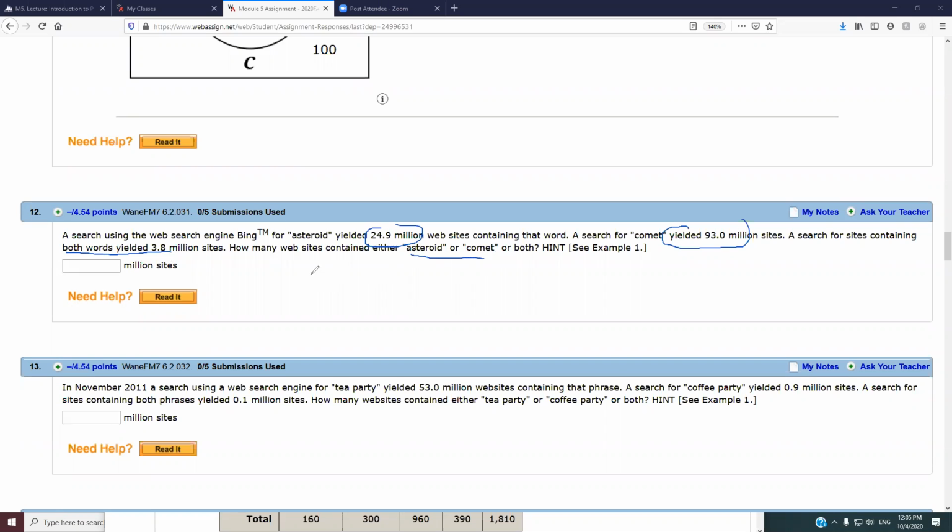Well, really what they're asking me for is the number of asteroid or comet. I can think of it as the number of websites that had asteroid plus the number that had comet. Then I've got to subtract out the number that had both.